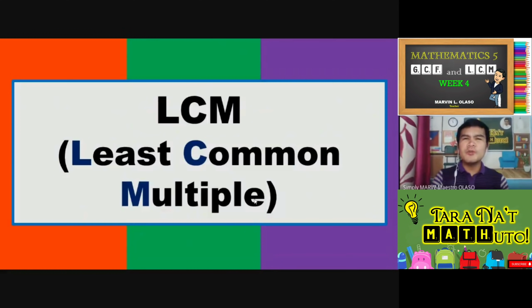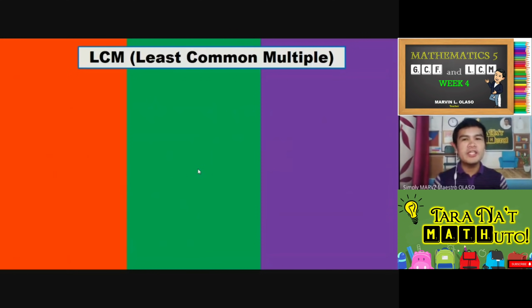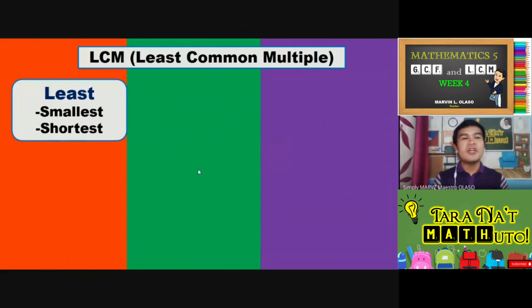Now, let's proceed to the next topic, all about the LCM or least common multiple. Before that, again, what are the words that we need to understand before we proceed to this lesson? Okay, from the word least, you have to take note of the words related to the word least. We have smallest, shortest.